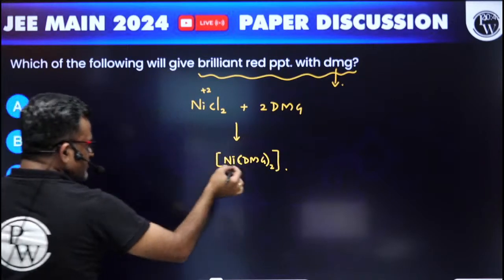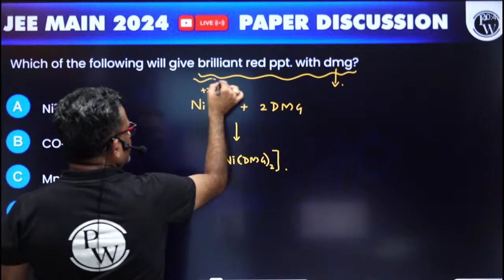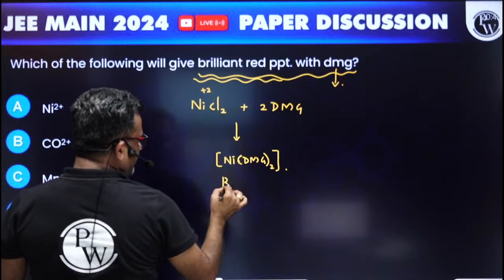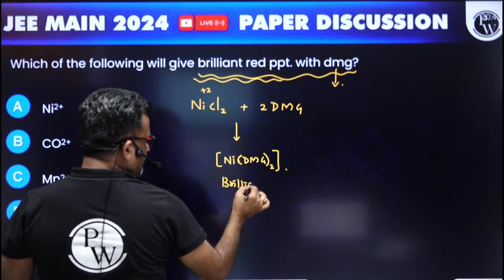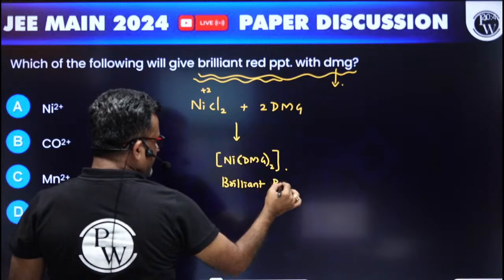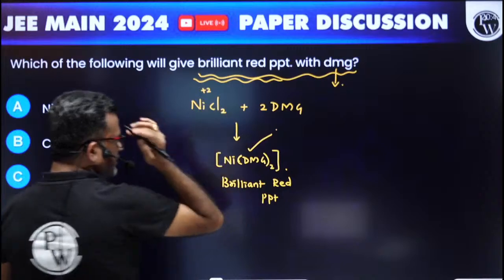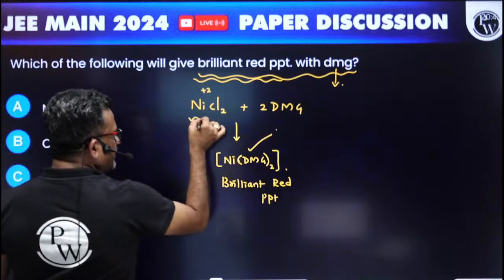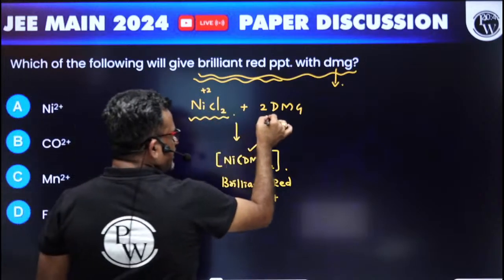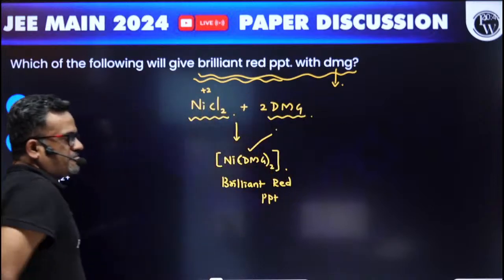Is that clear? This complex compound has that brilliant red precipitate. The brilliant red color precipitate appears due to the formation of this particular complex compound when nickel salts react with DMG.